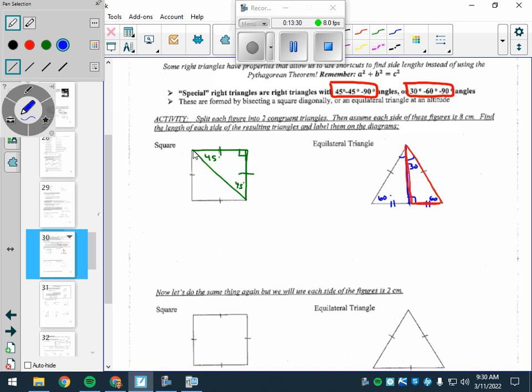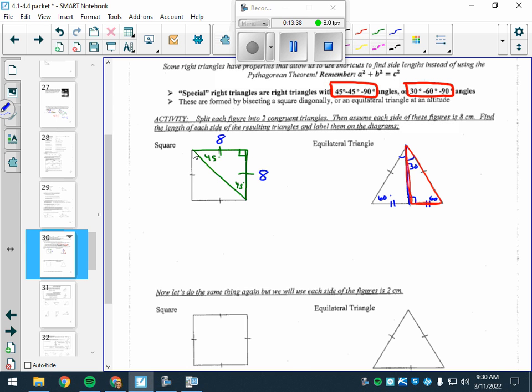It says here, assume each side of these figures is 8 centimeters. So each side is 8. If I were going to calculate the diagonal of this square, how could I do it? Yep.